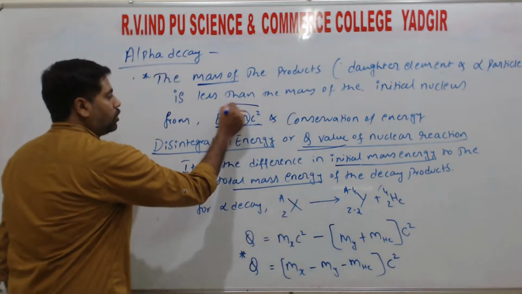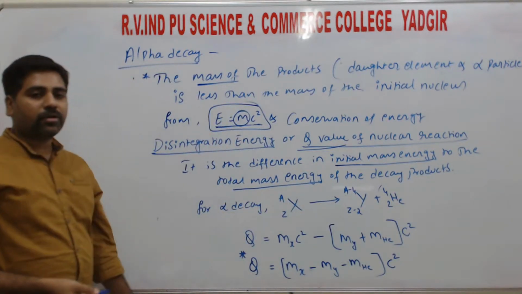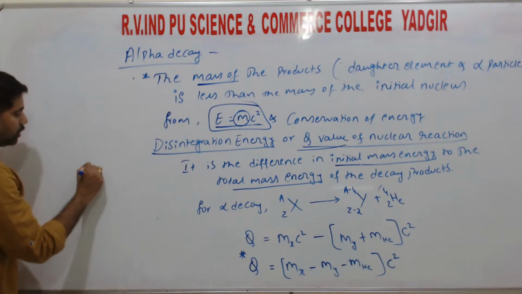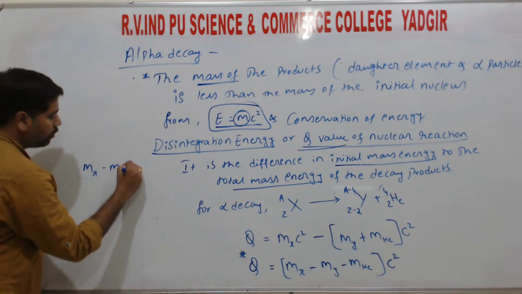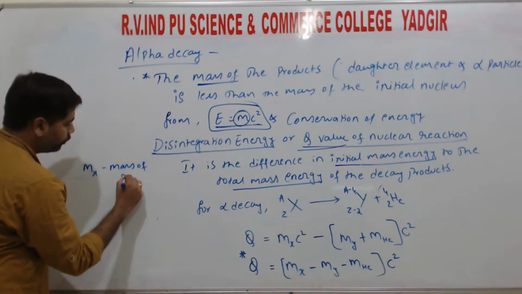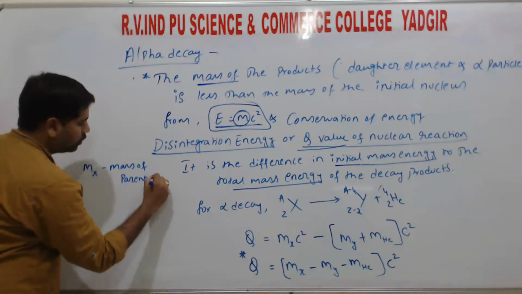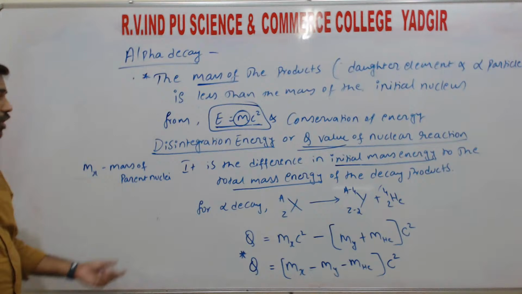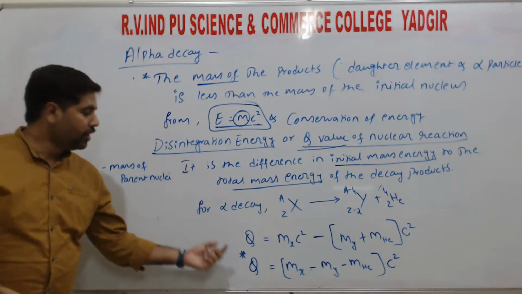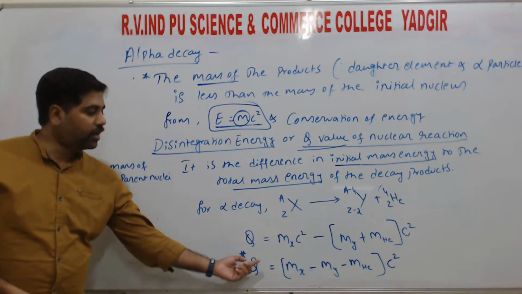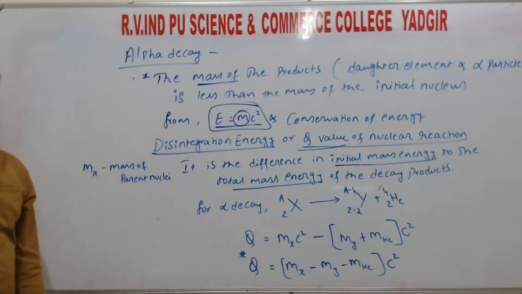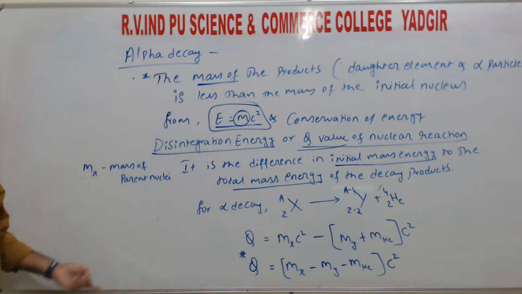We are writing this by the equation E is equal to mc square, right? So here mx is the mass of the parent nuclei. If they ask for the relation for the disintegration energy, we need to write Q is equal to mx minus my minus mHe, into c square. Then we need to define those terms.